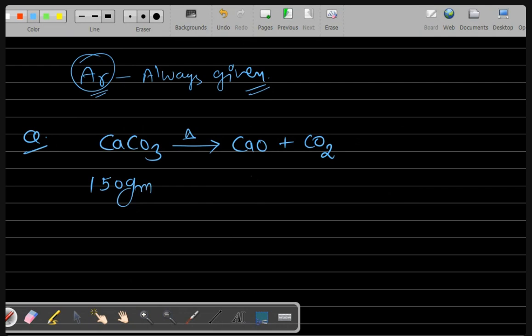How much calcium oxide will be produced? Step 1, we find the MR. The atomic mass of calcium is 40, carbon 12, oxygen 16. This data will be needed. How many gram of calcium oxide will be produced?